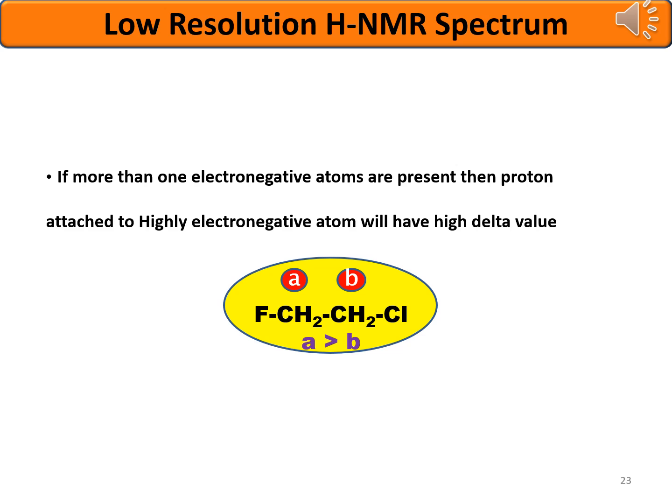If a compound has more than one type of electronegative atom, then the proton attached to the more electronegative atom will have a high delta value. For example, in the compound fluorine CH2CH2Cl, here the A proton is attached to fluorine, so the A proton has a higher delta value than the B proton.